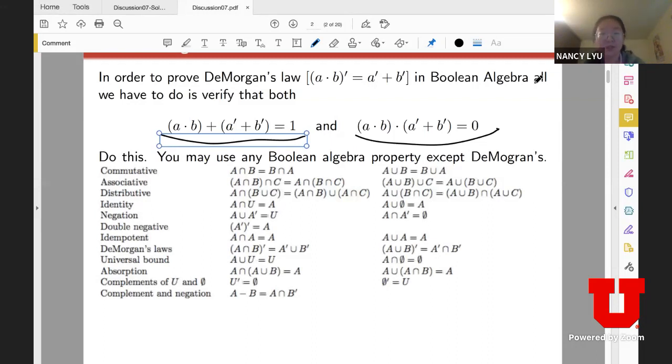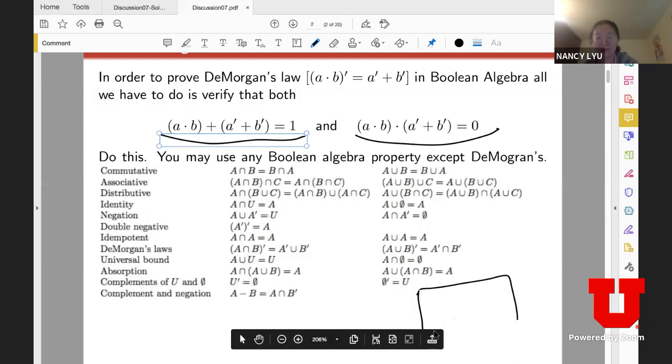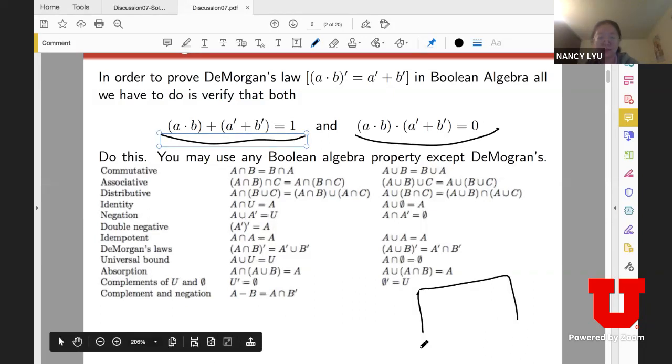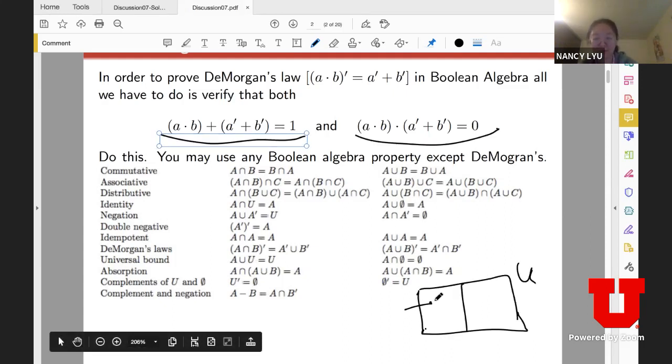Okay, so let's think about this. I'll just draw the universal set here. Here's the U. So actually this part we can write as A dot B, and this part is A complement plus B complement.